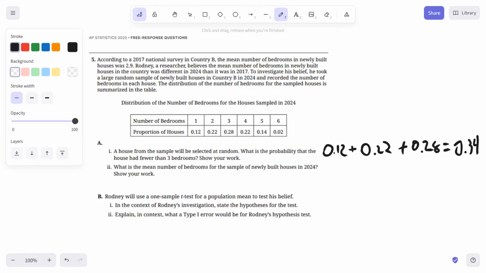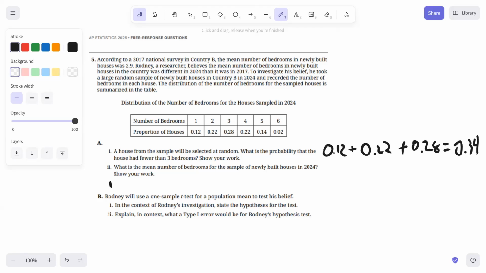Pretty straightforward there. Part 2, what is the mean number of bedrooms for the sample of newly built houses in 2024? Show your work. So for this one, to get the mean, you just multiply the number of bedrooms by its proportion.